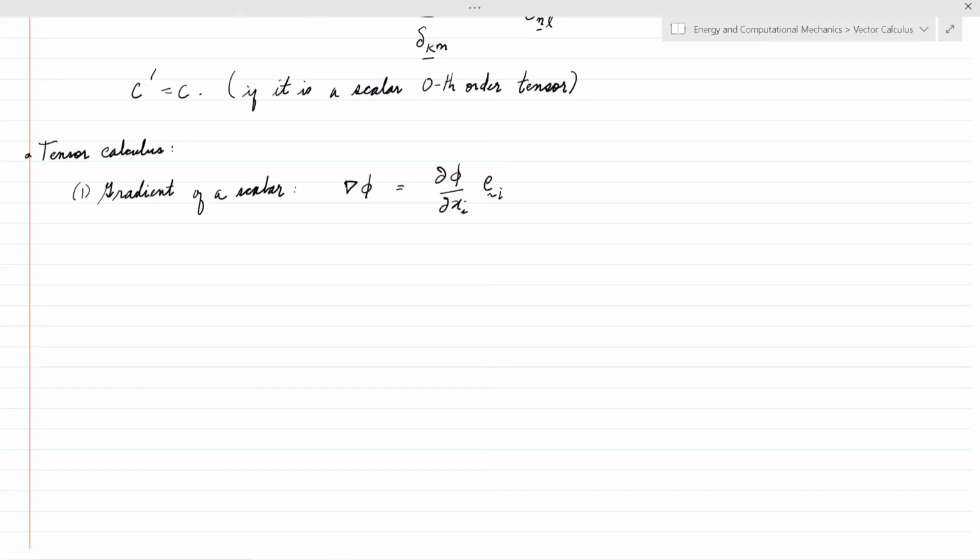Or I can also write it in a more compact manner: gradient of phi equals e_i phi comma i.